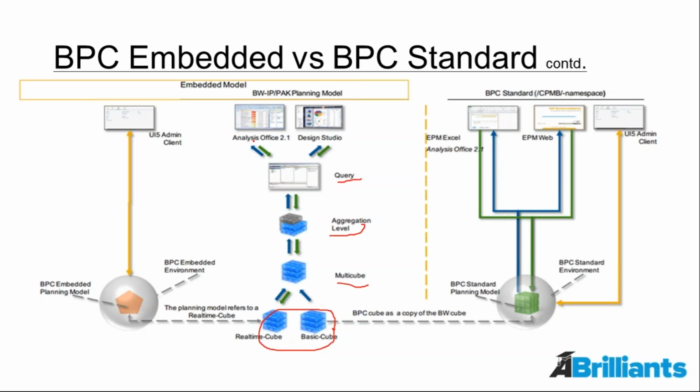By using Analysis for Office, we'll upload this query and create the reports. Here you can see the BPC embedded planning model, which is directly linked with these cubes. And this is the UI.